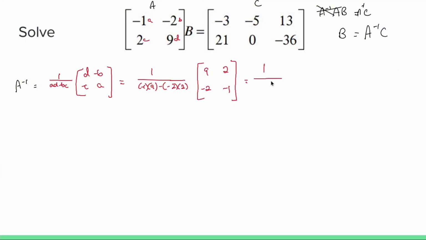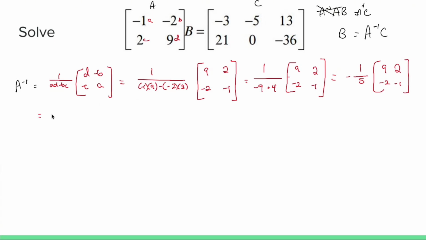So 1 over negative 9 plus, actually this won't be so bad because the fact that it's a plus 4 and it'll make it 5, that won't be too bad. So that's going to be, times the matrix, ignore that little mark over there, 9, negative 2, negative 1. So that's going to be negative 1/5 times the matrix 9, negative 2, negative 1. And so when all is said and done, A inverse is going to be negative 1/5 times all of that.